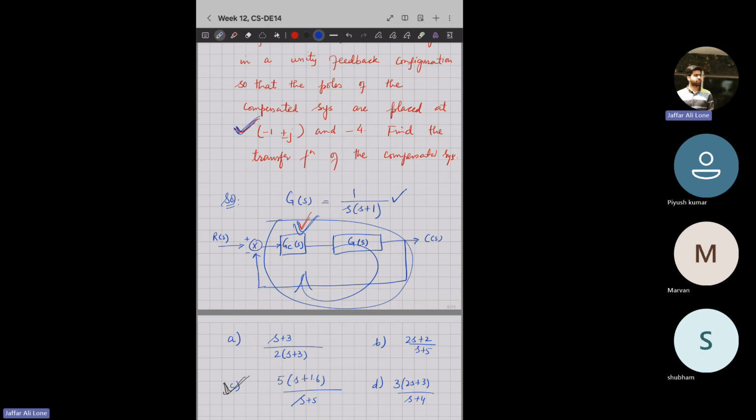That's what I said in the beginning, that these lag and lead compensators are basically used to improve transient response as well as the steady state response. So your lead compensator improves the transient response, and your lag compensator actually improves the steady state response.